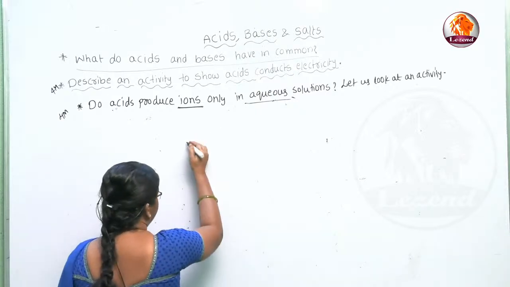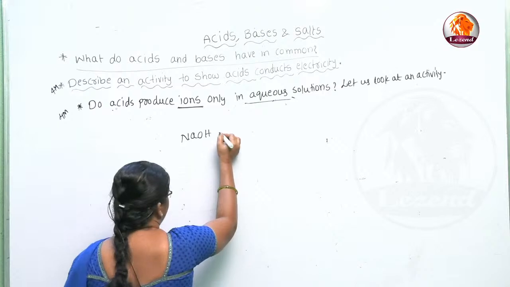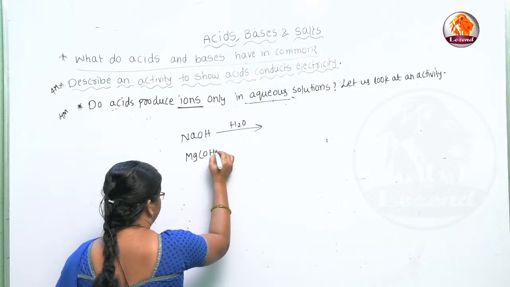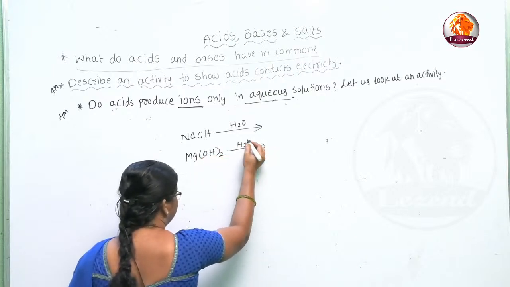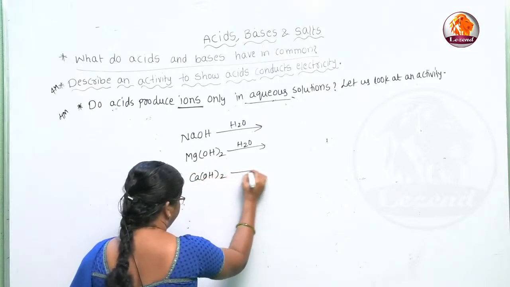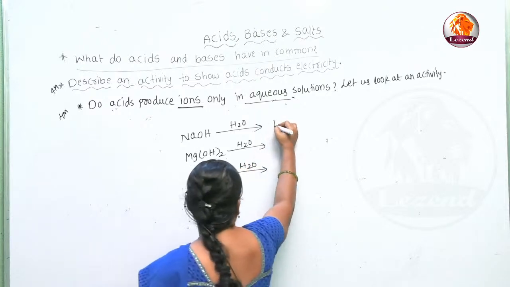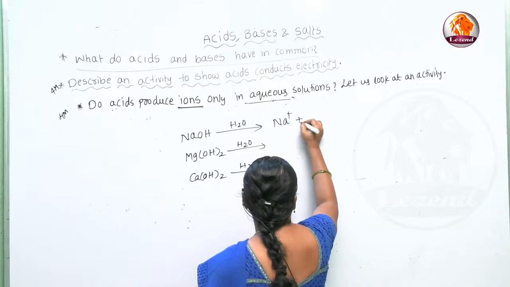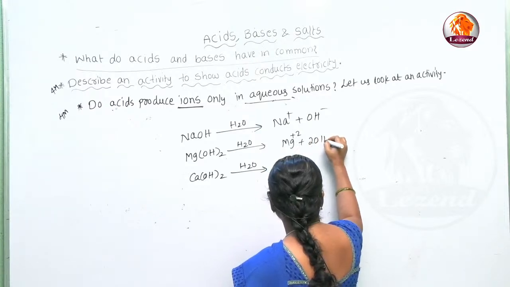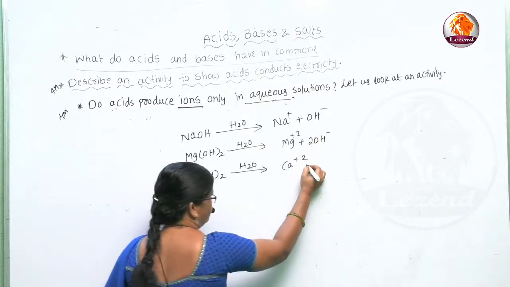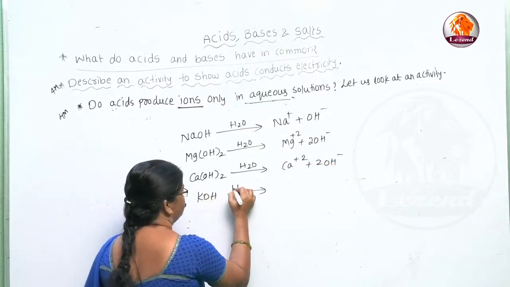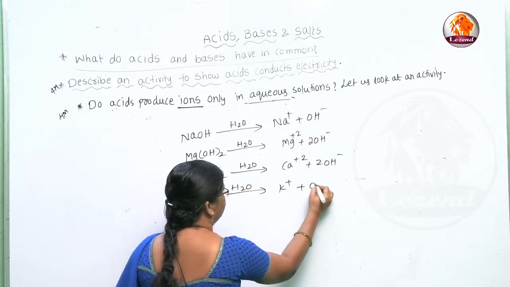In the same way, bases: sodium hydroxide in the presence of water, magnesium hydroxide in the presence of water, calcium hydroxide in the presence of water, and potassium hydroxide in the presence of water give sodium ions and hydroxide ions, magnesium ions and hydroxide ions, calcium ions and hydroxide ions, potassium ions and hydroxide ions.